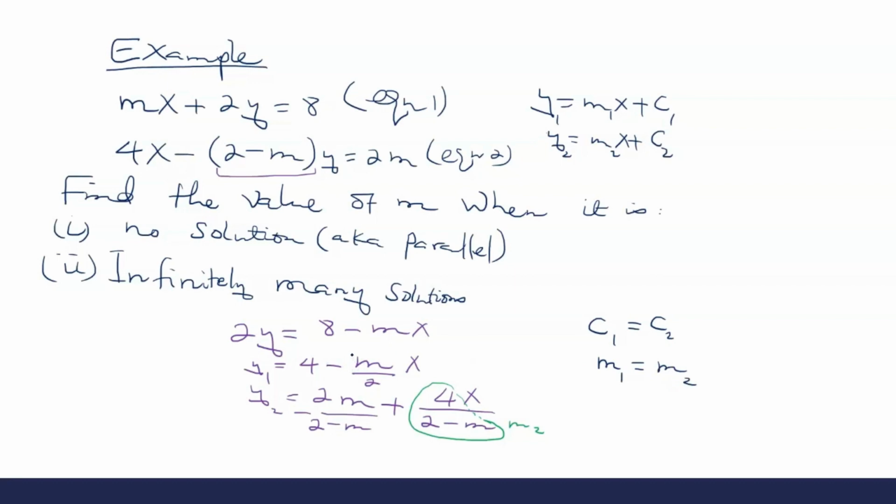Alright, so that is our m values for the first equation. I've equated the m's, and I want to solve for m. Cross multiply, so that gives me minus 2m plus m squared, and on the other side 2 times 4, 8.